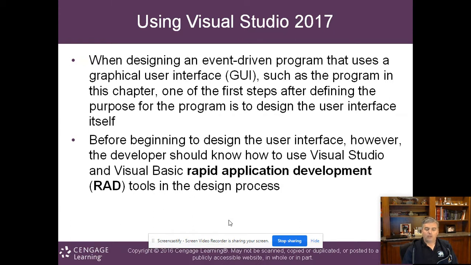In some programming languages, if you want to put a button on the screen, you have to write 20 lines of code. In Visual Basic and C# and some other Microsoft-based languages, all you have to do is click a button off a toolbar and drag it onto your screen, and it writes all the code for you. So it makes it a lot faster, and clients and people you're working for appreciate that because that saves them money.